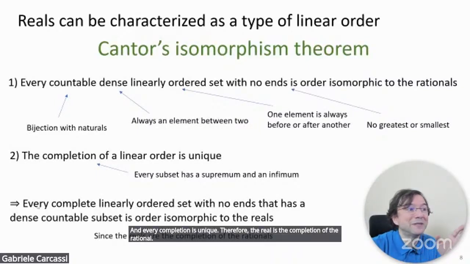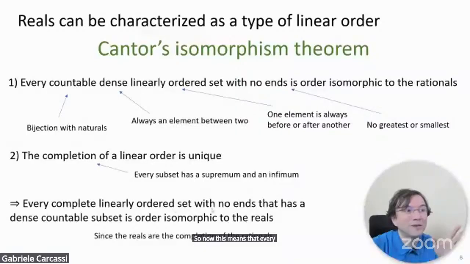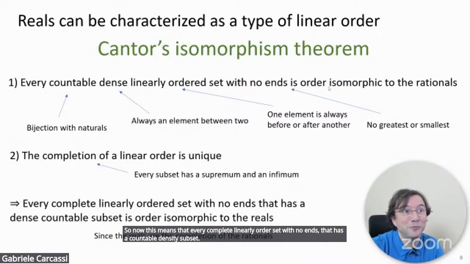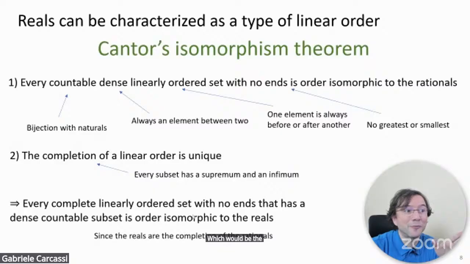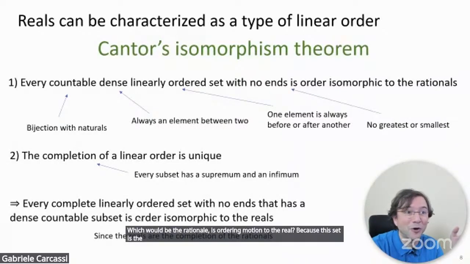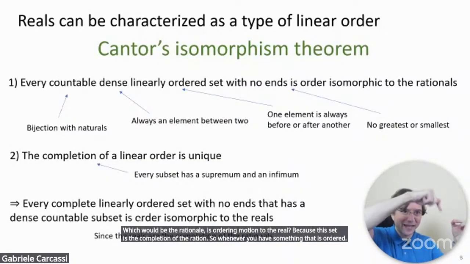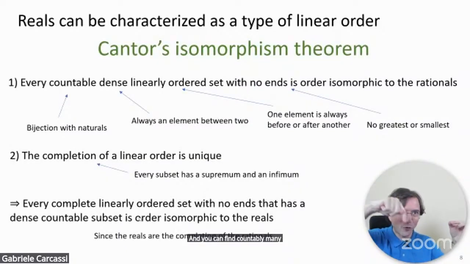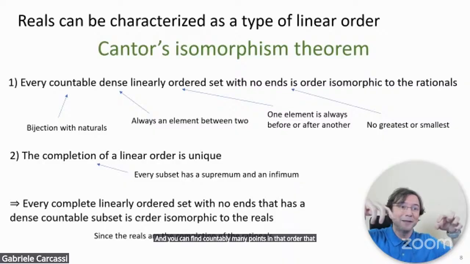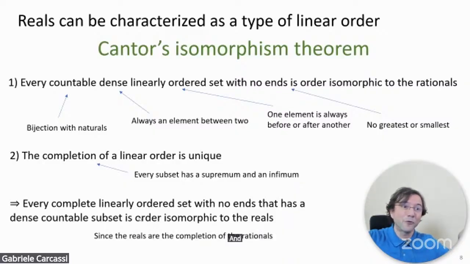So now this means that every complete linearly ordered set with no ends that has a countable dense subset, which would be the rationals, is order isomorphic to the reals, because this set is the completion of the rationals. So whenever you have something that is ordered, and you can find countably many points in that order that are dense, and the order is complete, then you get the reals.